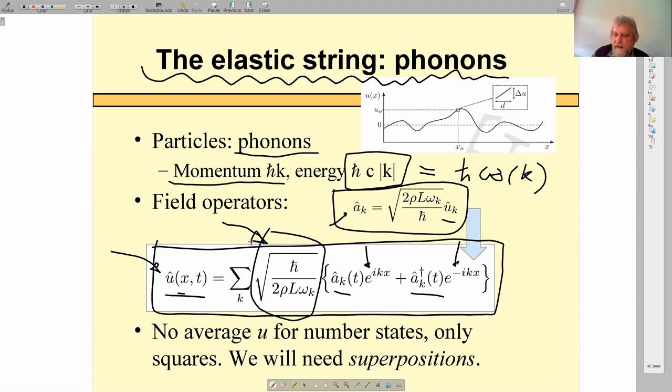This already bears information about parameters of the string, about its density, about its elasticity that comes in terms of frequencies. Fine.